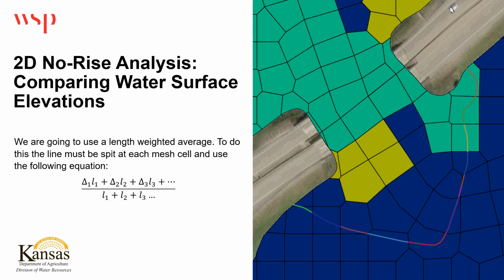So you add that delta of water surface elevation times the length for each chunk here, and in this image you see each chunk is denoted by a different color, and then you divide that by the total length of your line, each line segment all added together.